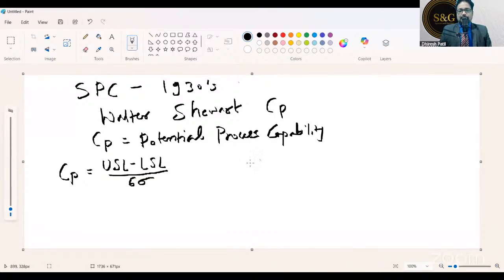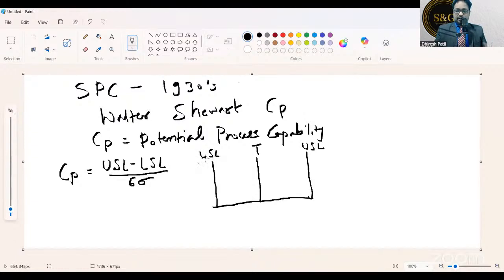All right, now let me give you an example. Last time, if you remember, we did this exercise with specification limits. Let's say the target is this, this is USL, the upper specification limit, and LSL, the lower specification limit.